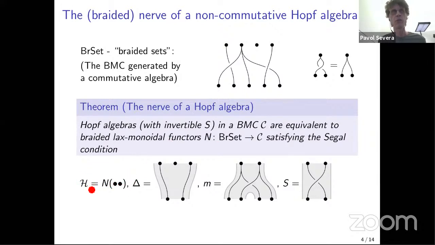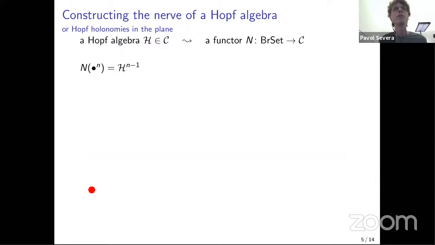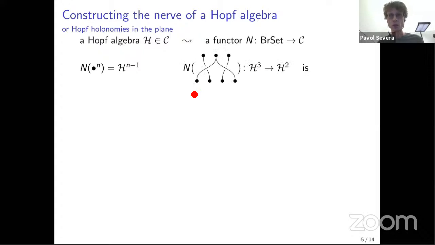So let me show you at least briefly how to do it. Yeah, so we want to obtain a functor out of a Hopf algebra. Now we use just the Segal condition to identify n dots with H tensor power n minus 1. Okay, so the only interesting thing is now to understand what's happening for morphisms. So I'll just show you an example.